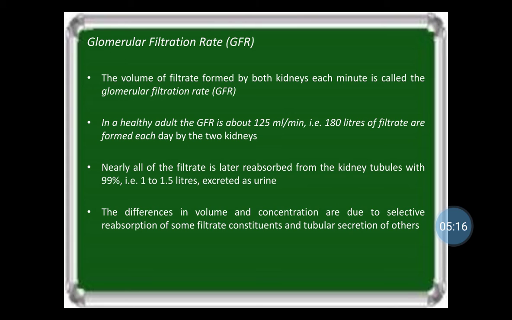For example, in severe blood loss, there is a decrease in arterial BP, which affects the glomerular hydrostatic pressure and causes less fluid to be filtered. Or at the time of exercise, the blood flow is high, so it increases the net filtration pressure, and so it increases the glomerular filtration rate.